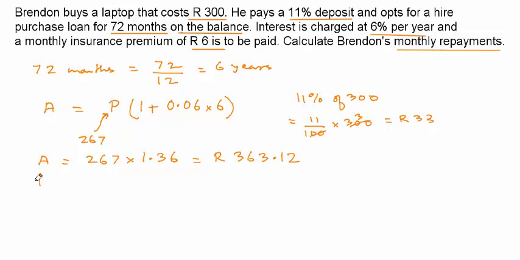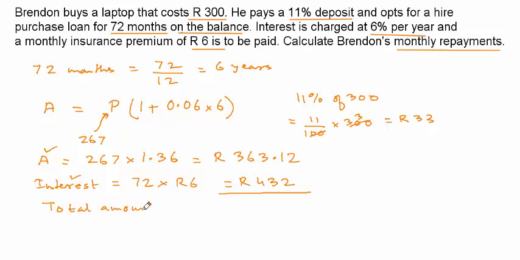So the insurance paid is equal to 72 times 6 Rand, which is equal to 432 Rand. So the total amount that he needs to pay, that includes this amount and the interest, is going to be equal to the sum of the two, the total amount, and this is equal to 795.12 Rand.